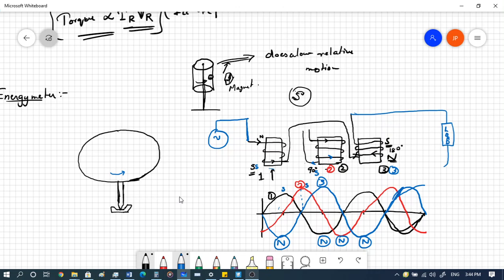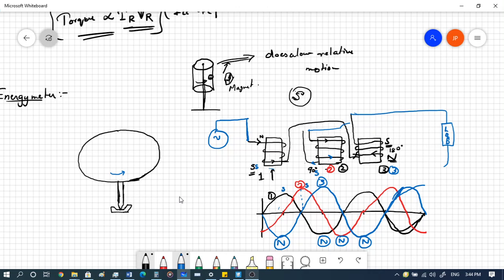Right, now this is your pressure coil, so you can connect your pressure coil to any of these points.